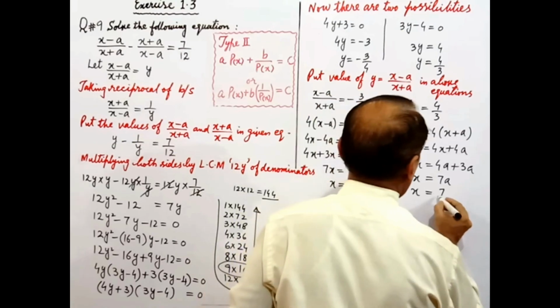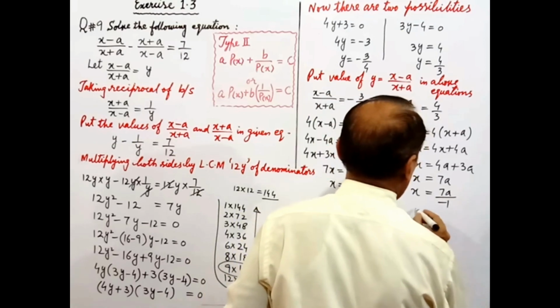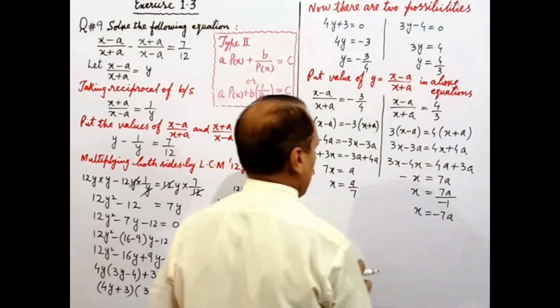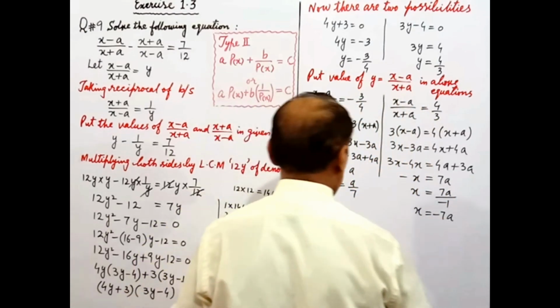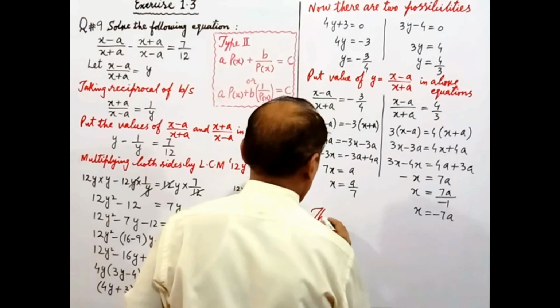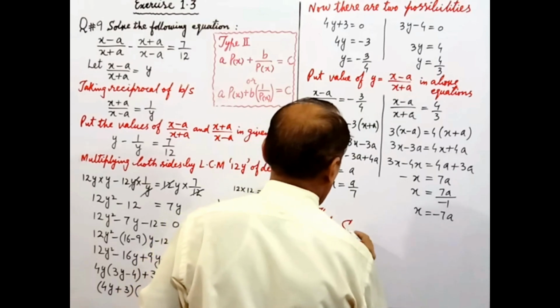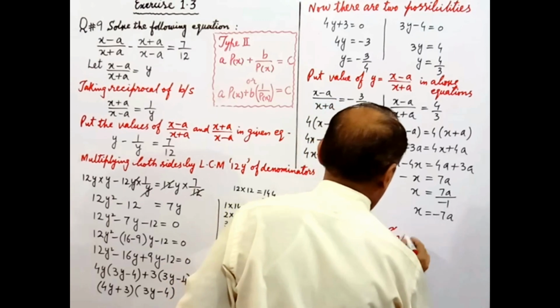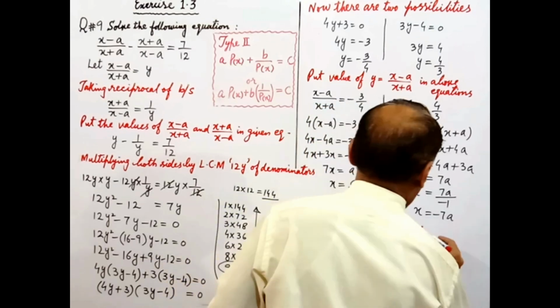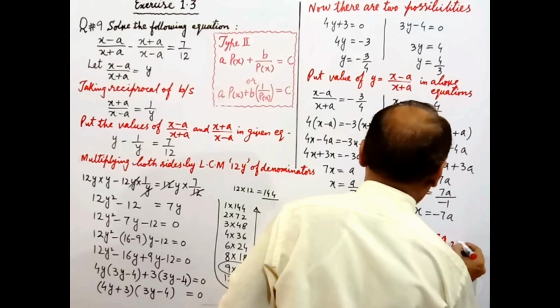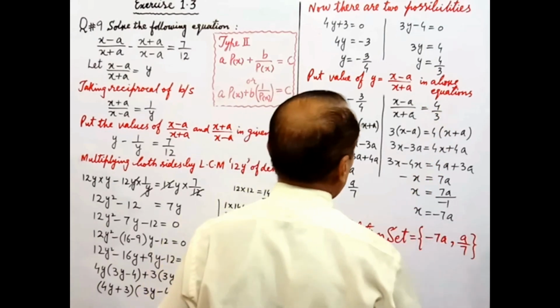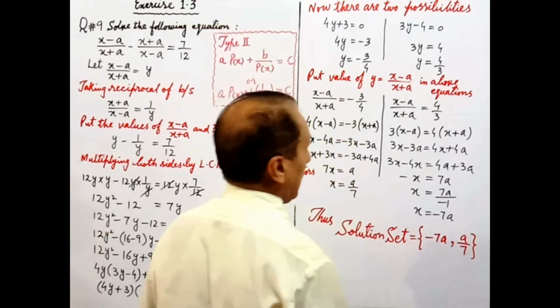We have x is equal to 7a divided by minus 1, that is minus 7a. Thus the solution set is a over 7, minus 7a. That's it for the question number 9 and the type 2 questions.